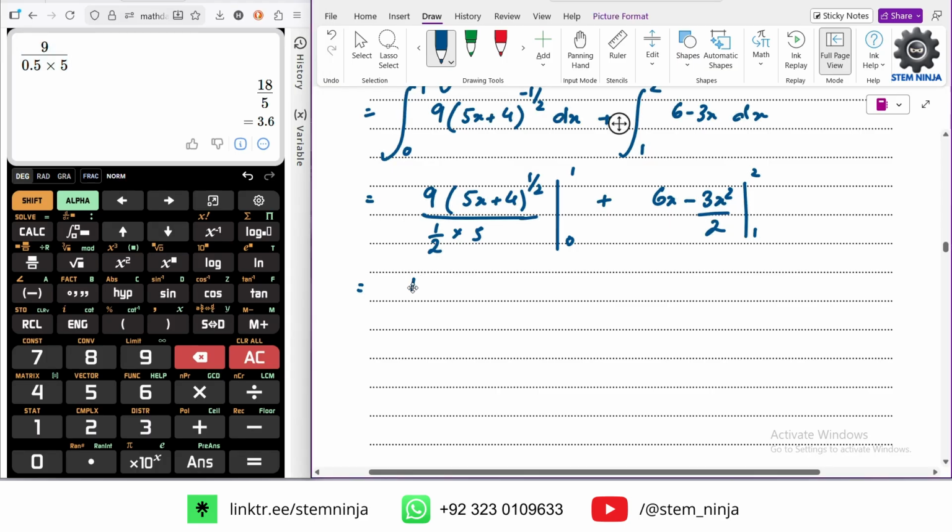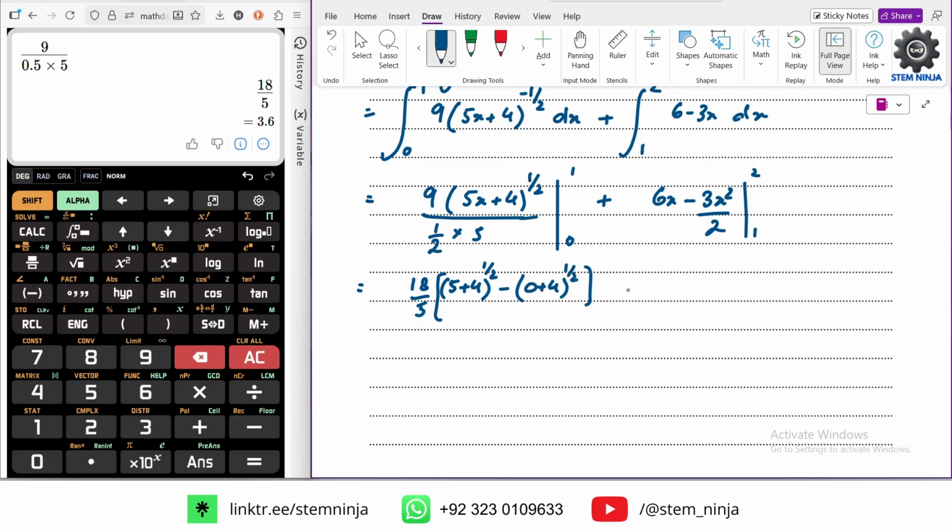So as predicted, 18 over 5 times by the square root of 5x plus 4, so that means 5 plus 4 square root minus 0 plus 4 square root, plus, right, okay, then you have 6 times by 2, 12, minus 2 squared is 4, 3 times by 4, 12, 12 divided by 2, 6, minus 6, and then 3 by 2.